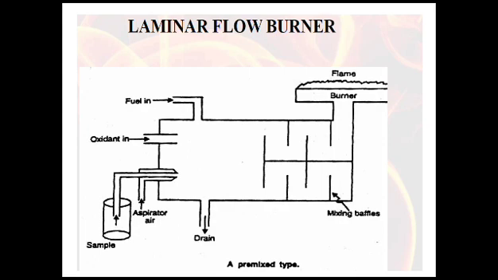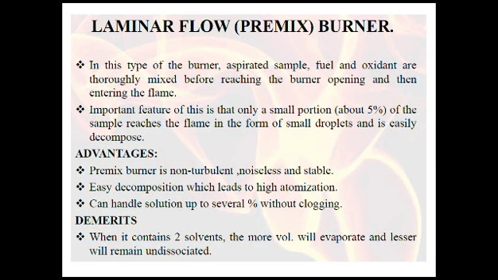Therefore it is called a premix type burner. Then all three are provided to the flame at a time. In this type of burner, the aspirated sample, fuel and oxidant are thoroughly mixed before they reach the burner opening, and then they enter the flame.